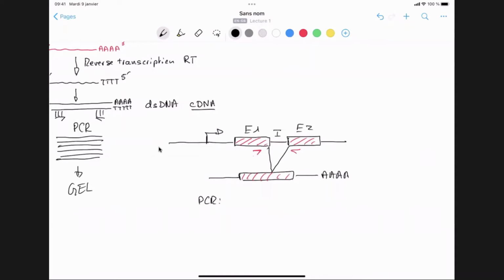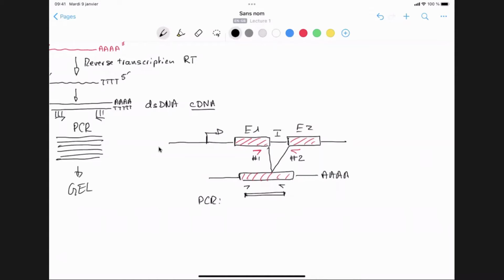I'm going to call this primer number 1 and this one number 2. If we do a PCR with primer number 1 and number 2 on a cDNA extraction that is not contaminated, you have the PCR product only corresponding to the cDNA. So let's say it's okay.